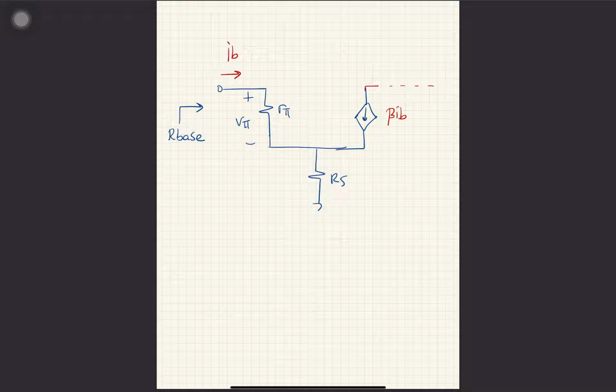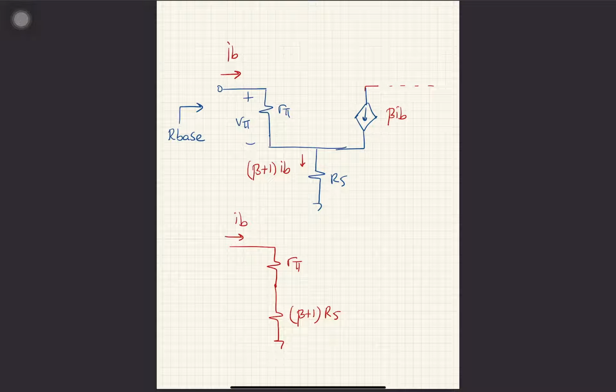So with this knowledge, I can say that beta plus 1 I base current passes through this branch. What I can do is remodel this as R pi in here, beta plus 1 R5 in here, I base in here.